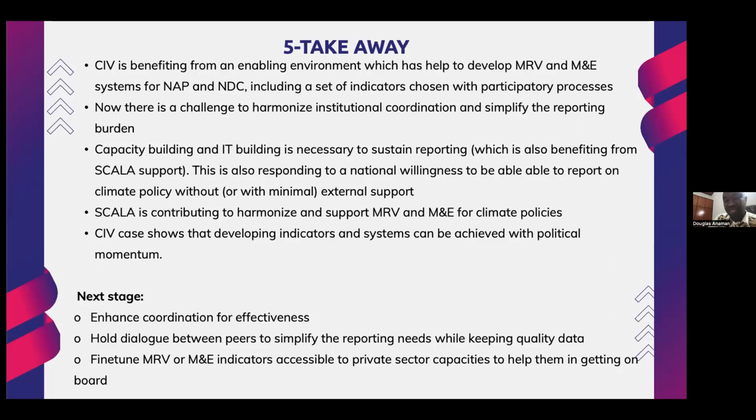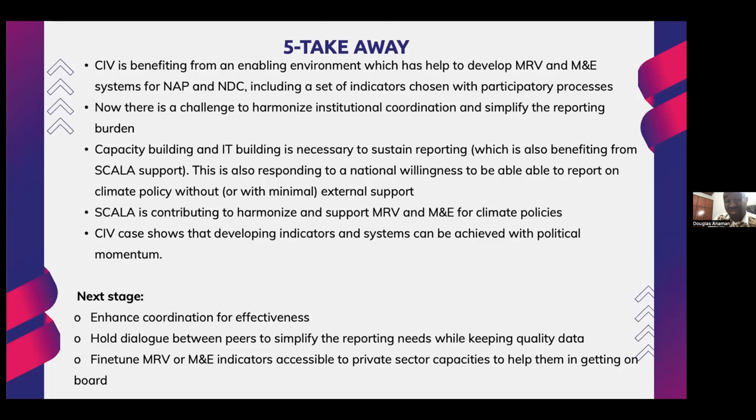The next stage would be to enhance coordination for effectiveness, to hold dialogue between peers to simplify the reporting needs while keeping quality data. I think the next stage also will be to fine-tune MRV or MNE indicators accessible to private sector capacities to help them get on board.